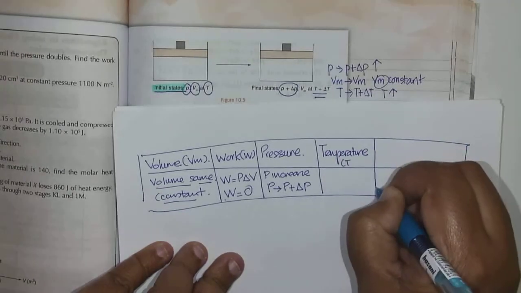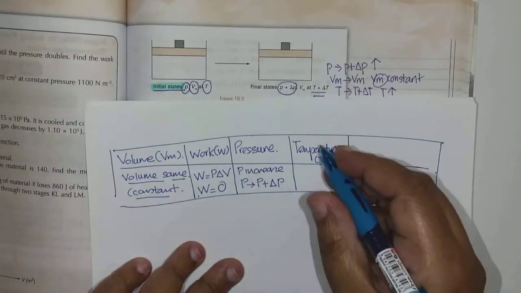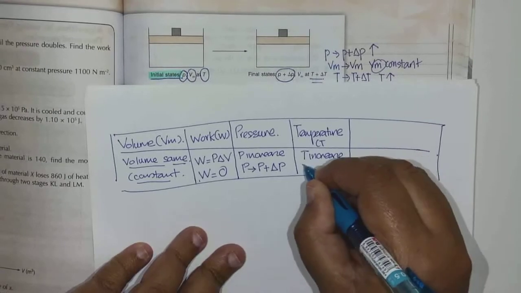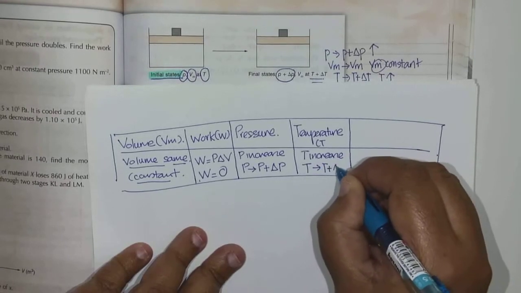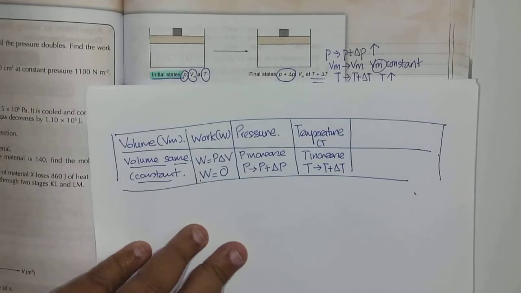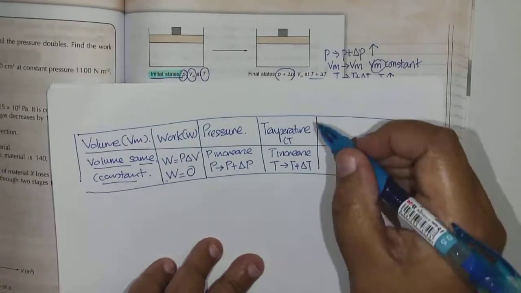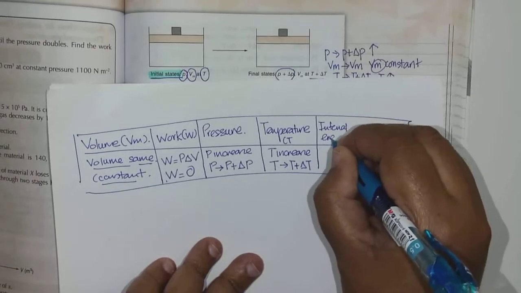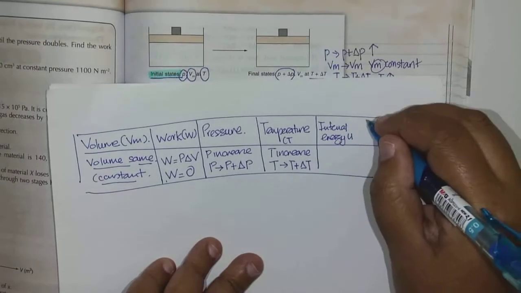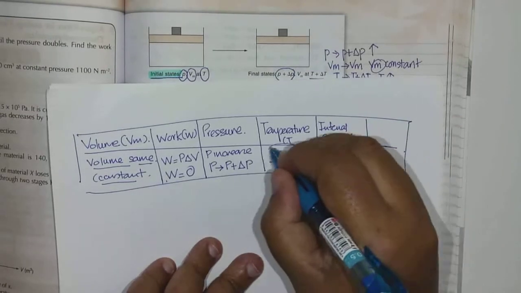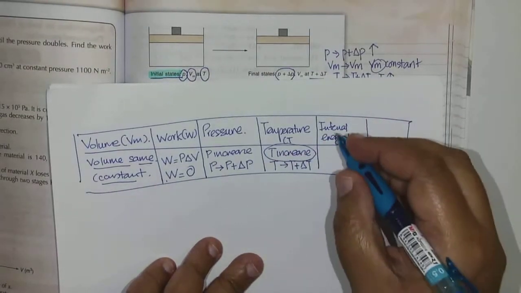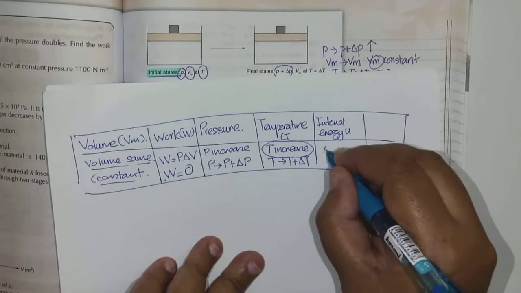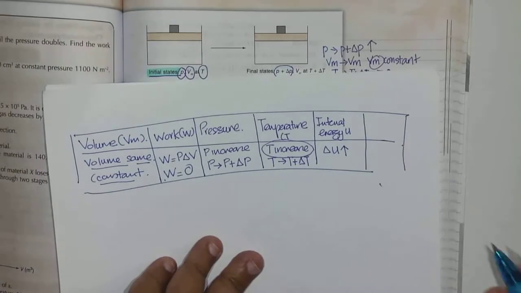I notice the temperature also increases from T to T plus delta T. Now internal energy. If temperature increases, internal energy will also increase, so delta U will increase in the gas.